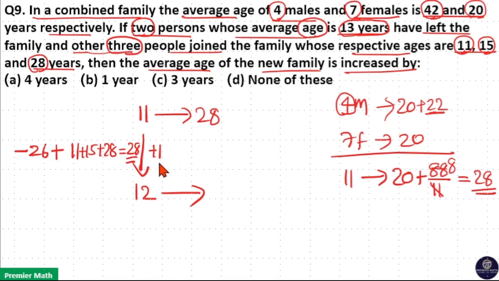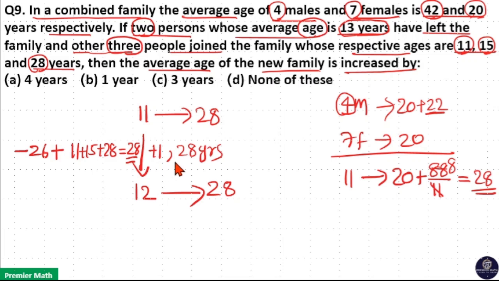When one new member joins, 28 is the overall increment in the age. That is, the new person's age is 28 years. Then, you can see 12 people average becomes 28, because for 11 people, 28 was the average age.